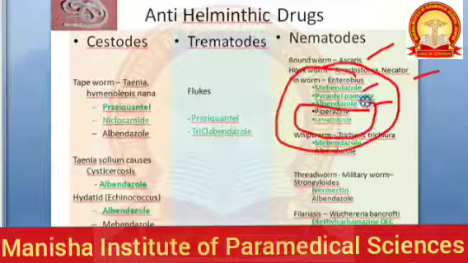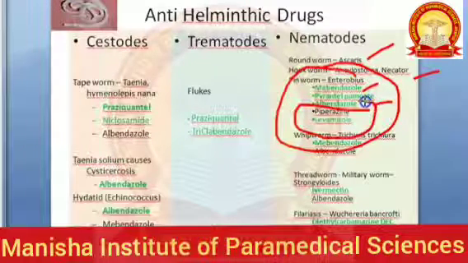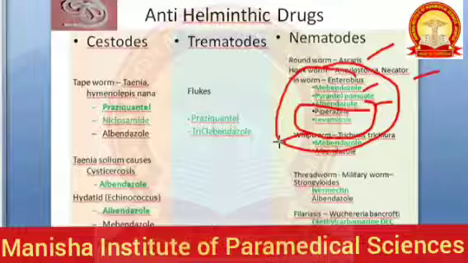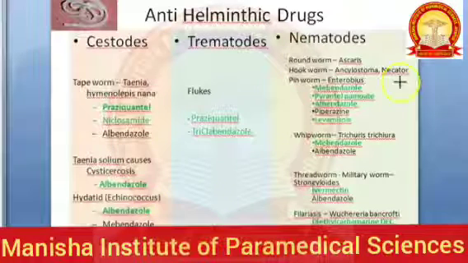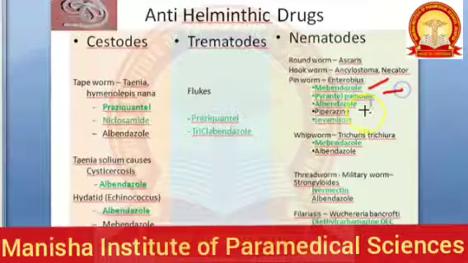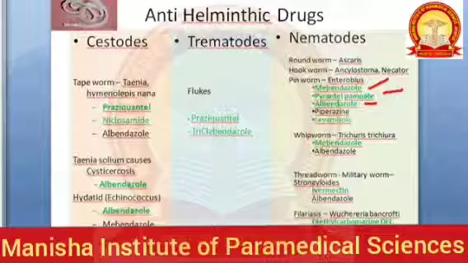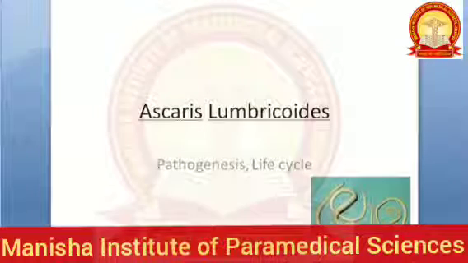Second choice will be piperazine and levamisole. For the other types of nematodes, you have mebendazole, ivermectin, DEC, that is diethylcarbamazine, etc. Here we are focusing on ascaris, so you should know mebendazole, pyrantel pamoate and albendazole. That's it about Ascaris lumbricoides.